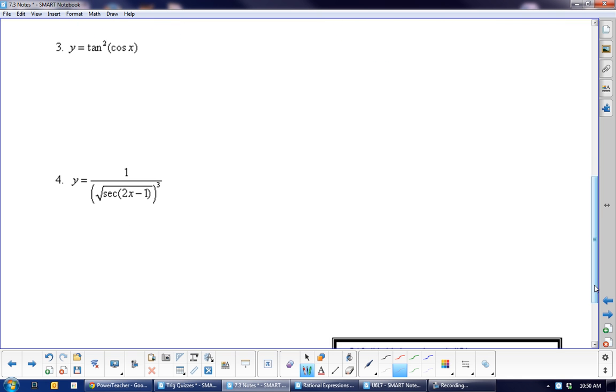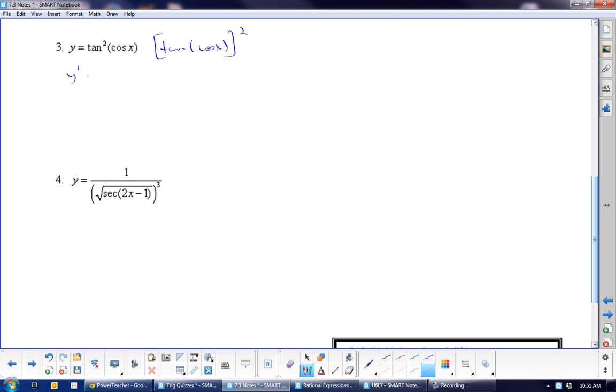Okay, so this one, again, maybe this helps you better. It does for me. Tan cos x, and that's all squared. Okay, so remember we do the derivative from the outside in.